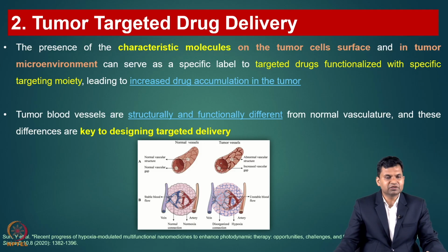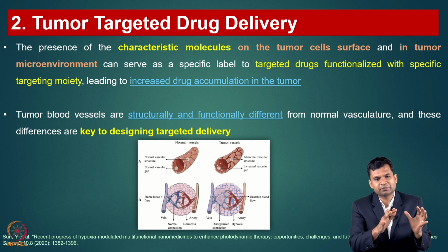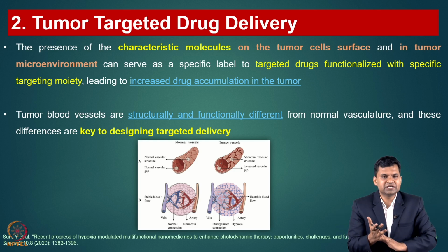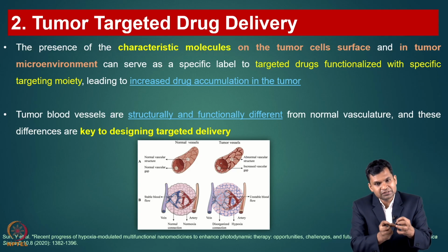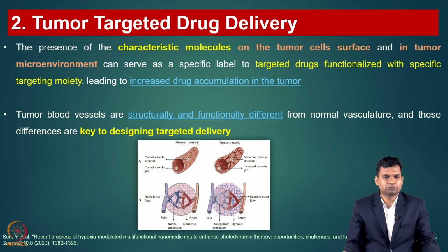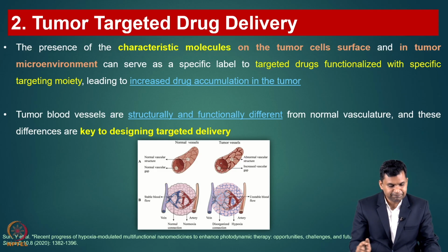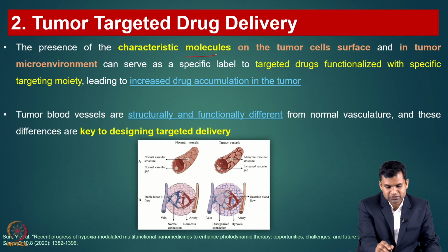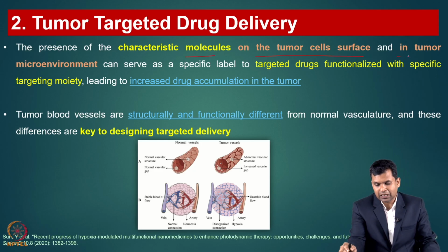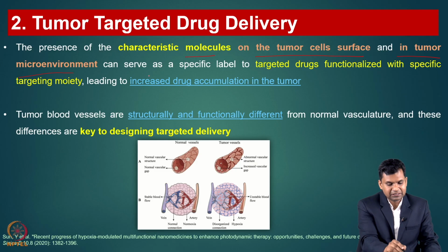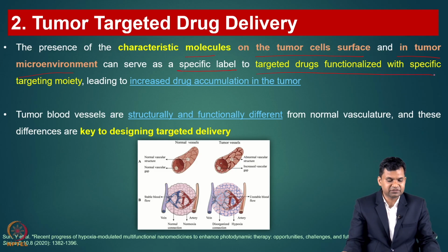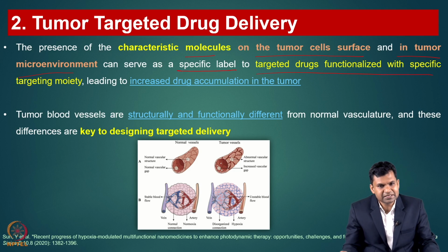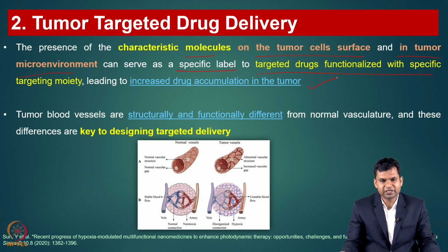Now, here we are going to discuss tumor targeted drug delivery. With the tumor microenvironment we can convert our formulations, our drug delivery systems, into tumor targeting formulations by using the intrinsic properties of the tumor microenvironment. The presence of characteristic molecules on the tumor cell surface and in the tumor microenvironment can serve as a specific label for targeted drugs functionalized with a specific target moiety, leading to increased drug accumulation in the tumor.